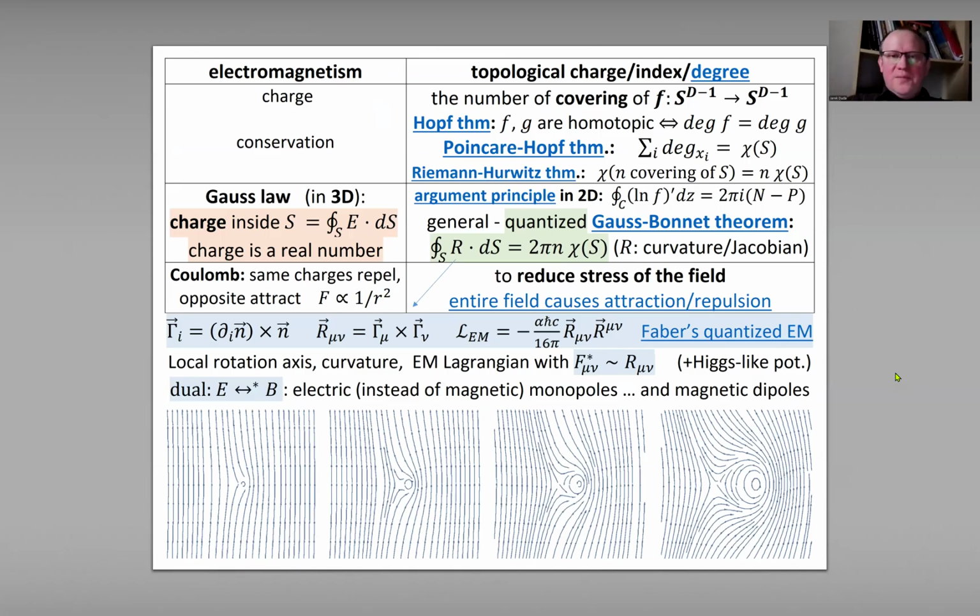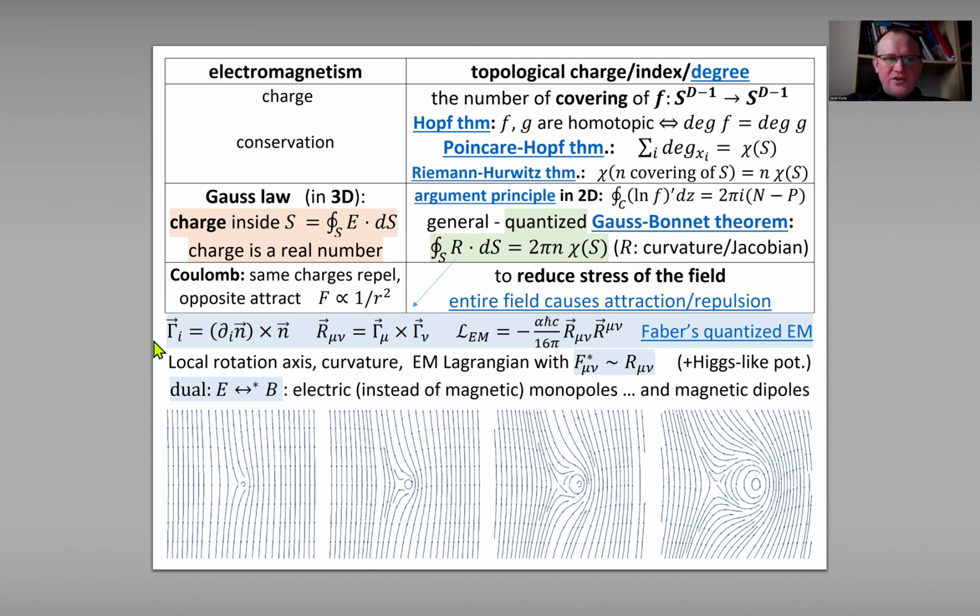Regarding this charge quantization as topological, here is the analogy. On one side we have electromagnetism, the Gauss law, and there is a topological version called the Gauss-Bonnet theorem. Like in Gauss law, but integrating curvature of some field, we get an integer number, some winding number of a sphere, for example. As in Faber's approach, we will use some deeper n field.